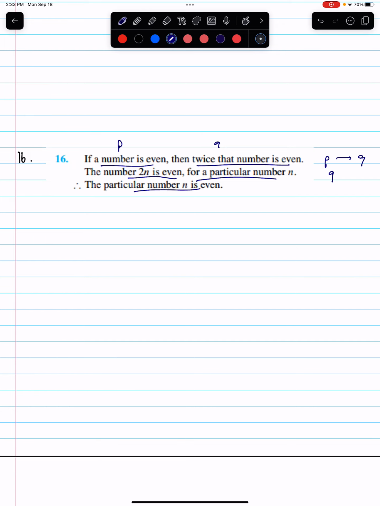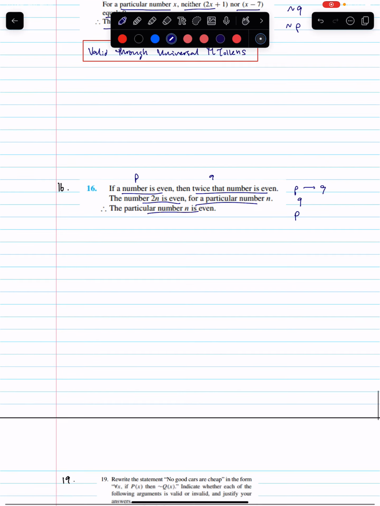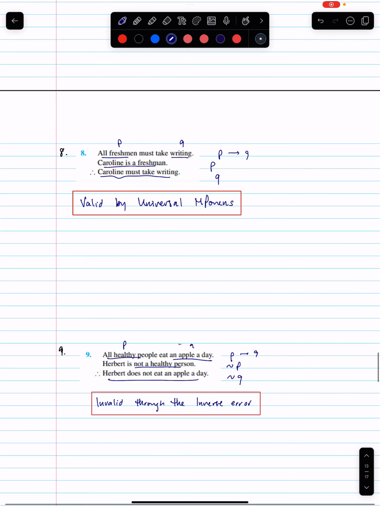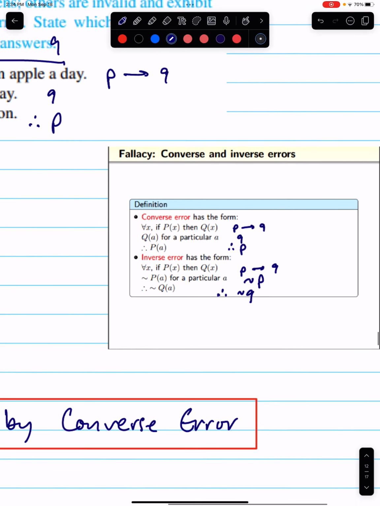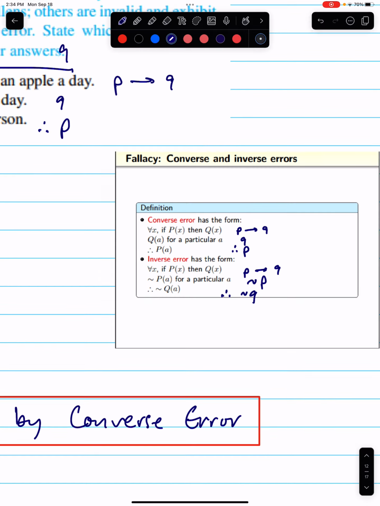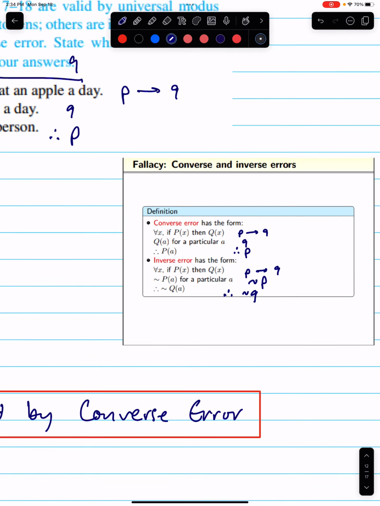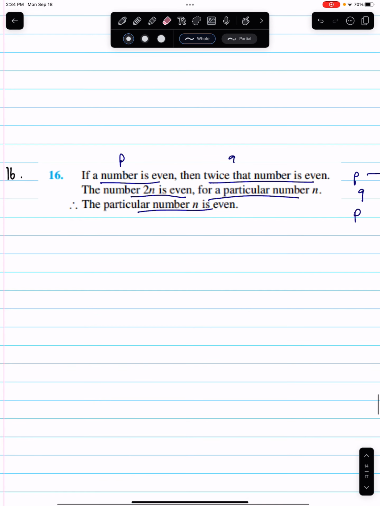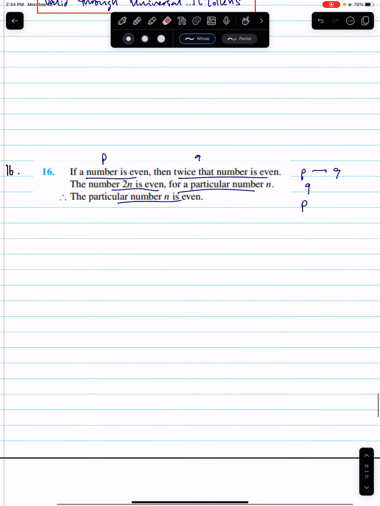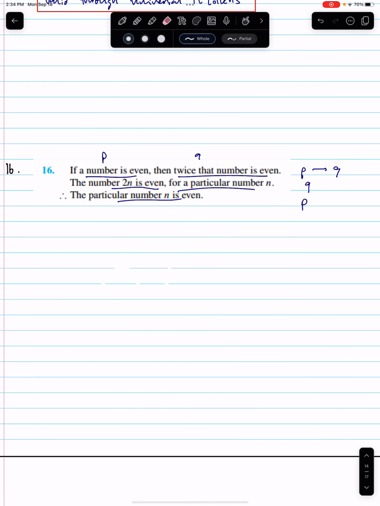They've given us P. So this follows the converse error. If P then Q, you tell me Q, then conclude P, which is not necessarily always true. So this is invalid.